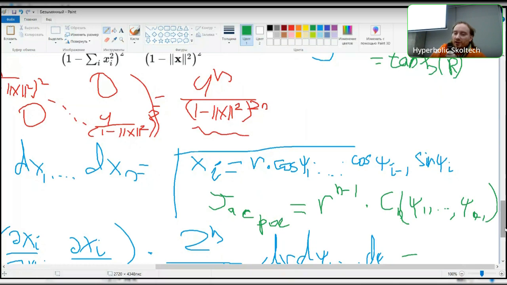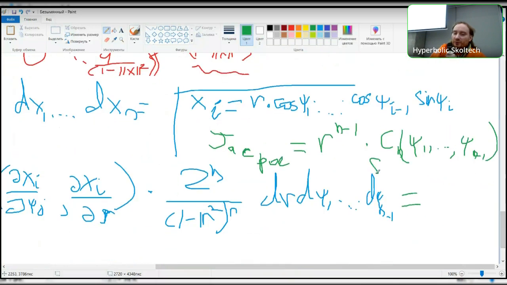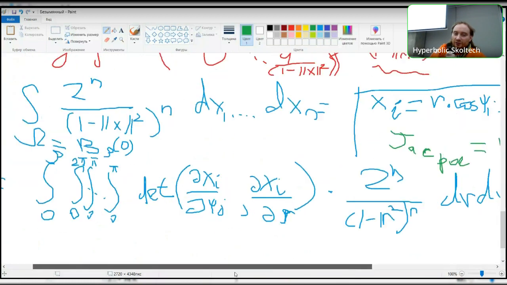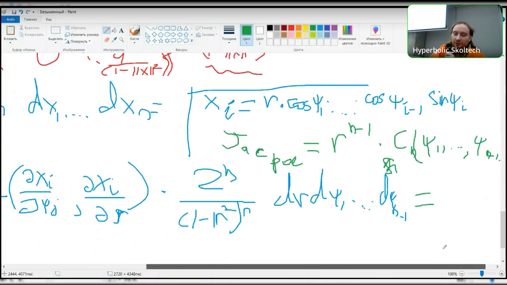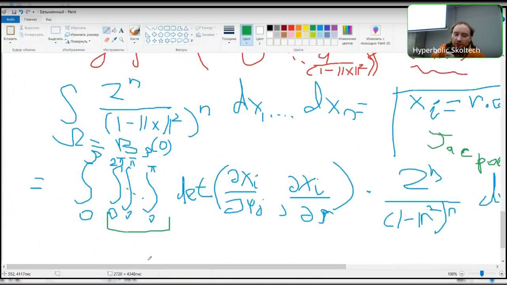And so actually what I want to do here is just to get rid of these integrals over psi and say that this is some constant. So this will be a function.